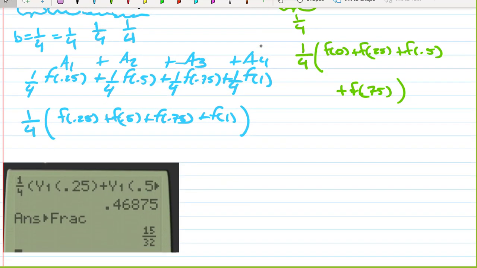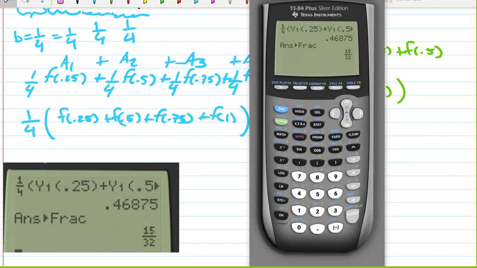And if I put this into the calculator, I'm going to have 1/4 times y of 0 plus y of 0.25 plus y of 0.5 plus, that was not the right button, y of 0.75.